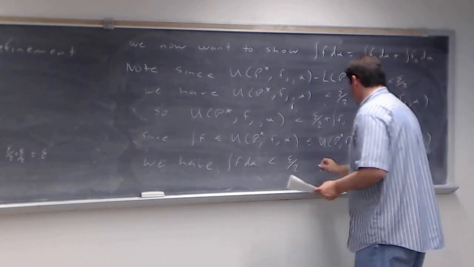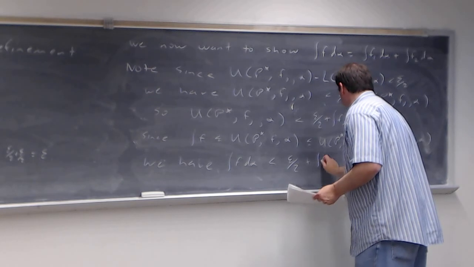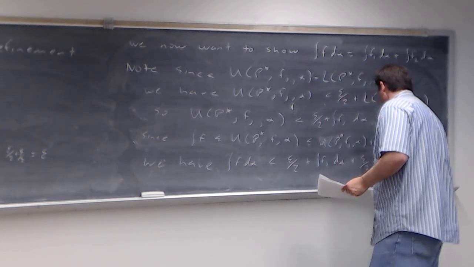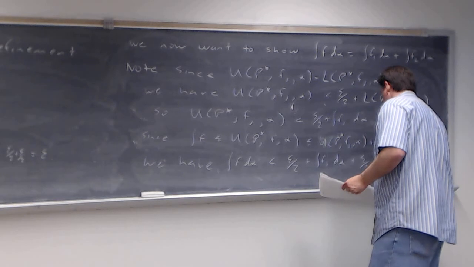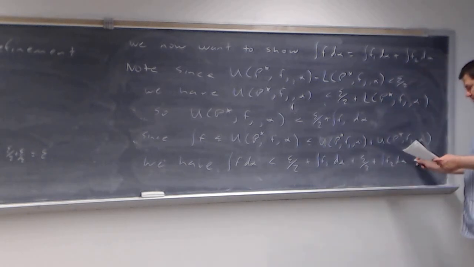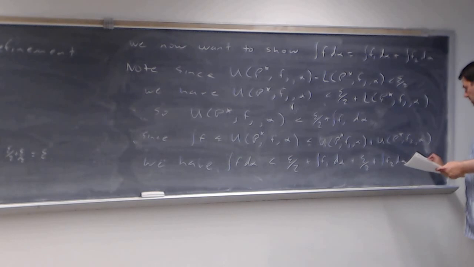So it's epsilon over 2 plus the integral of f sub 1 d alpha plus epsilon over 2 plus the integral of f sub 2 d alpha, which of course is equal to epsilon plus the integral of f sub 1 plus the integral of f sub 2, and you should have d alpha.